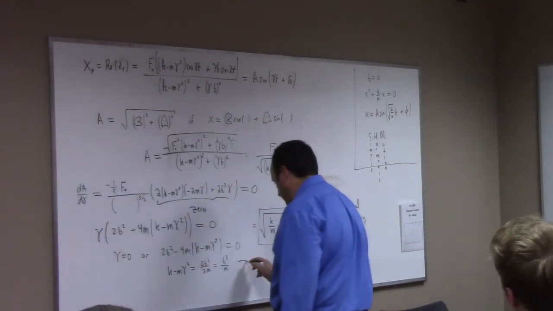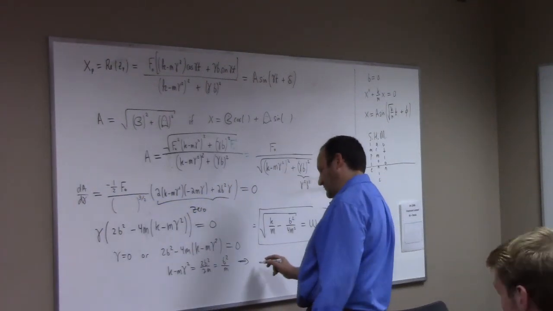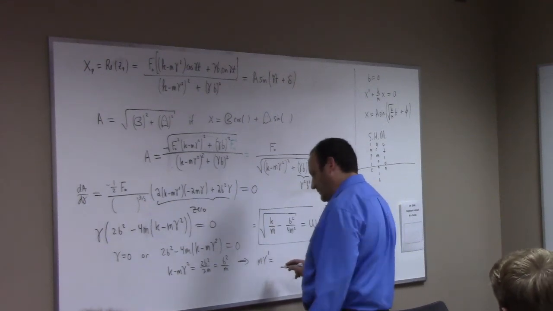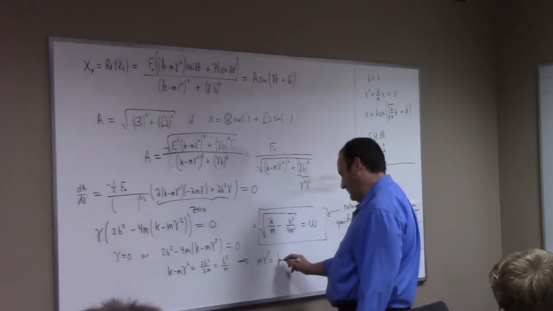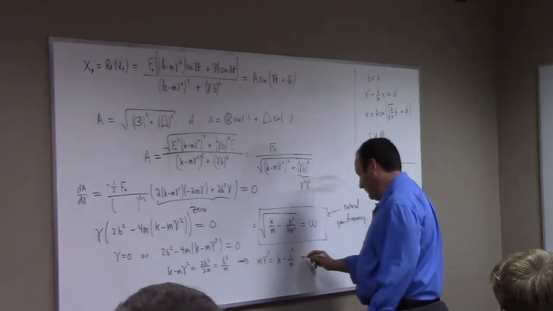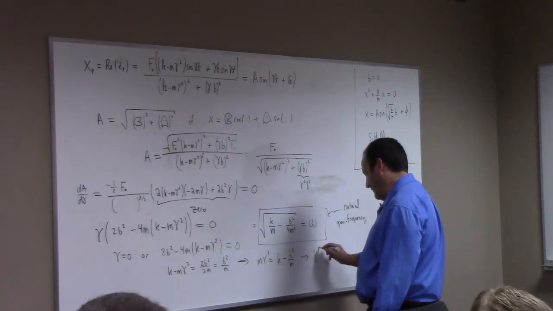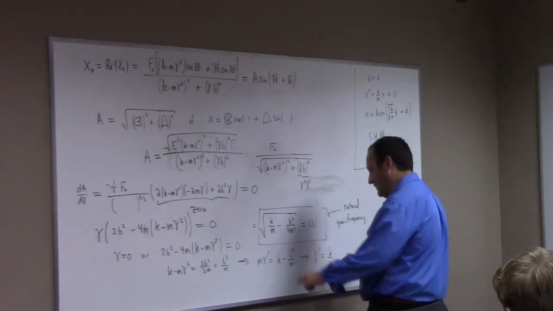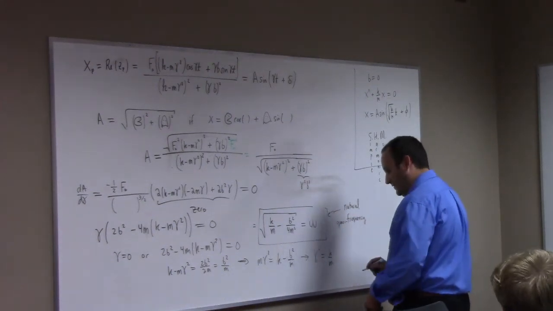And so if I can do the math right, which is debatable, let's see here, m gamma squared equals k minus b squared over m, which then gives me gamma squared equals k over m minus b squared over m squared. Hey, that's starting to look almost like I planned this.